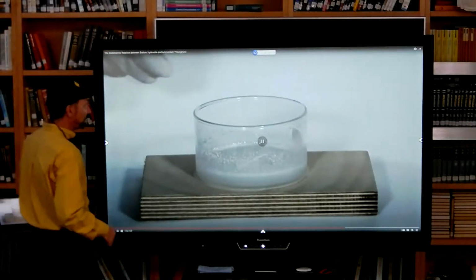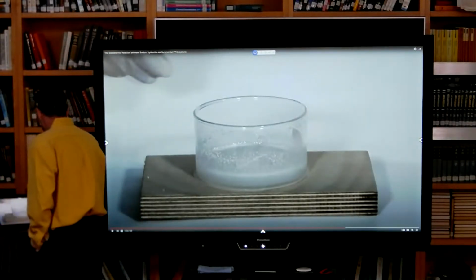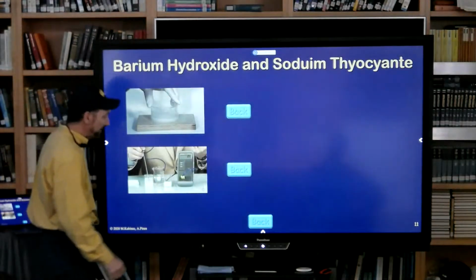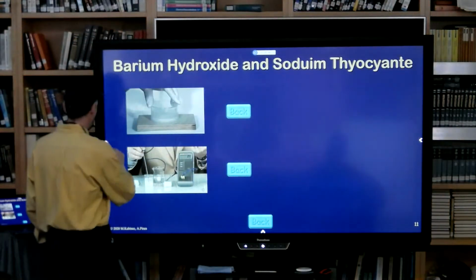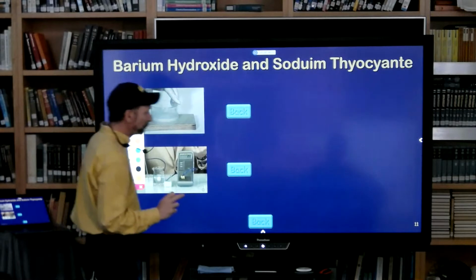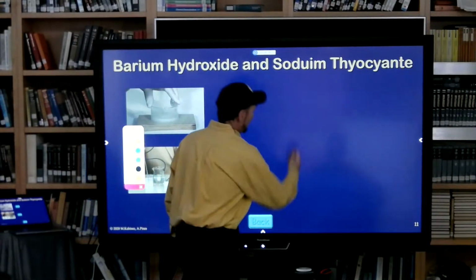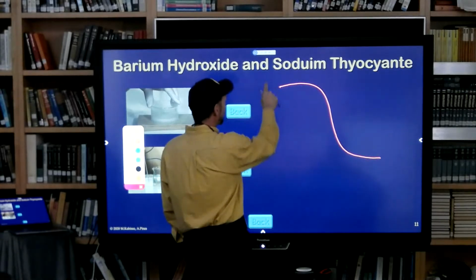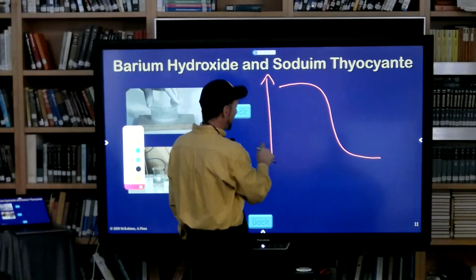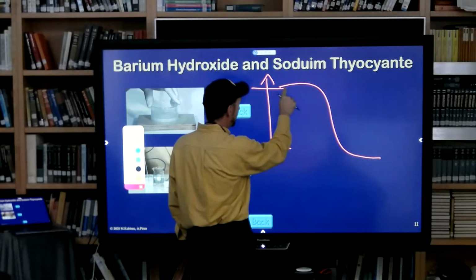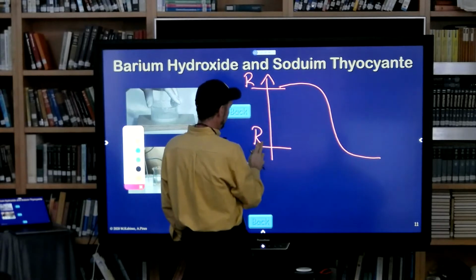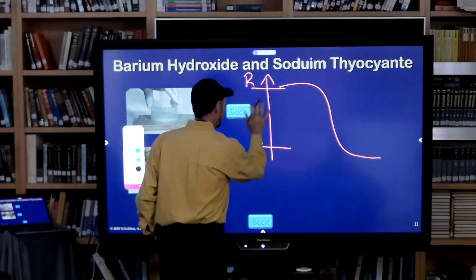So the question that comes up is, that is an enthalpy change, and the enthalpy change is not sufficient to predict which way that chemical reaction would go. If I plot enthalpy for this reaction, it's reactants and products.